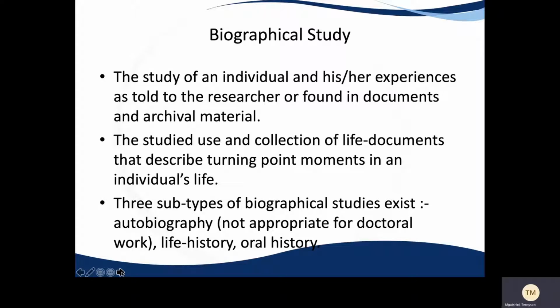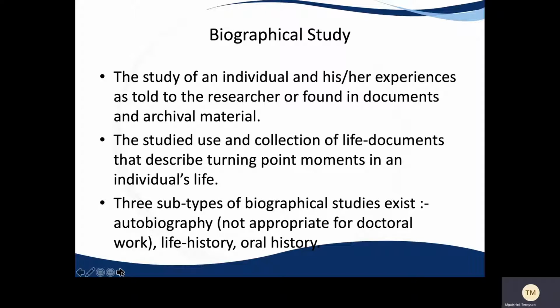So we start with the first variety or the first tradition as they call it. If we were in quantitative research, we would refer to this as the first design. But it is not a language, it is not a term that is used in qualitative research. People will talk about a tradition or a variety of qualitative research.